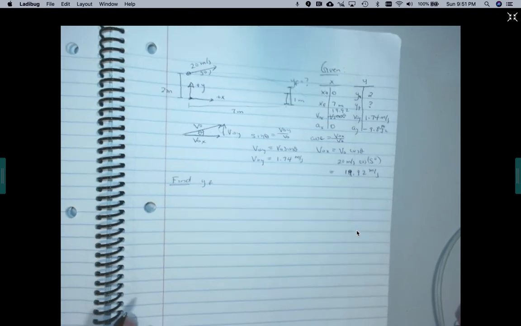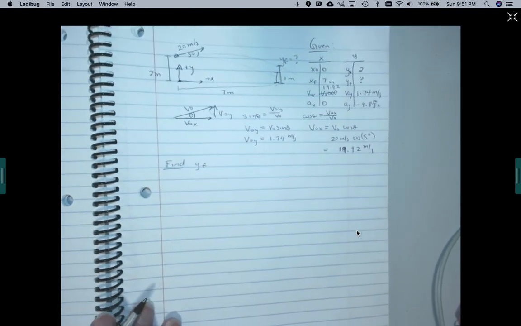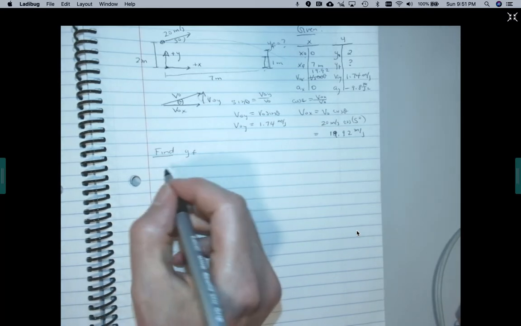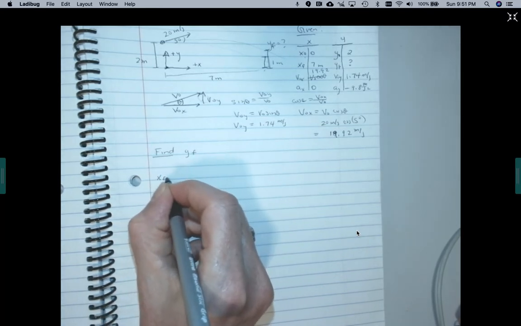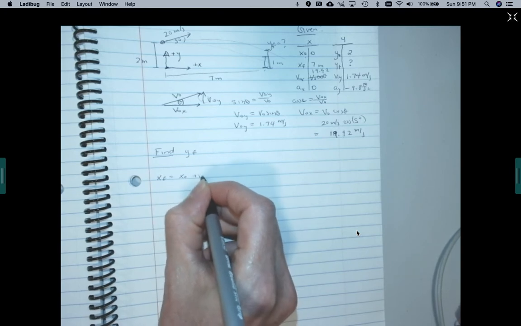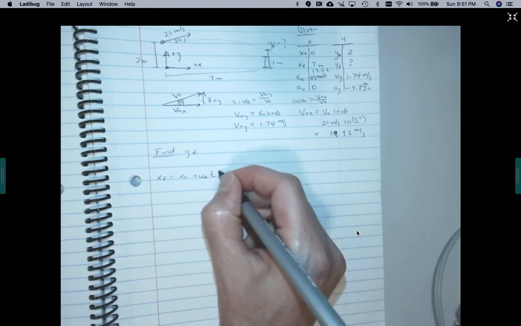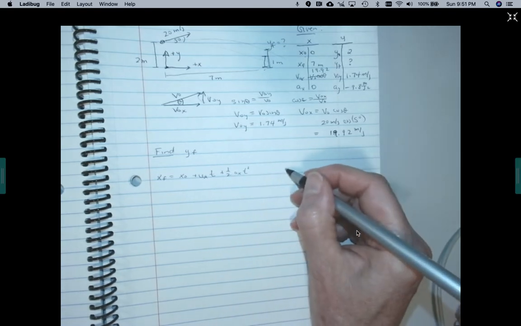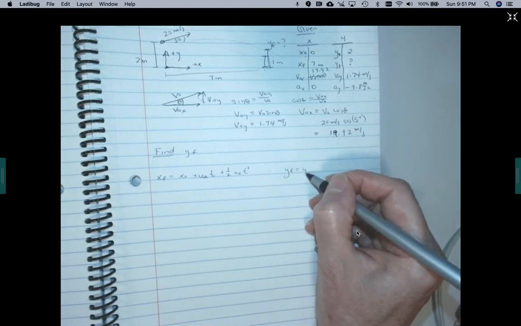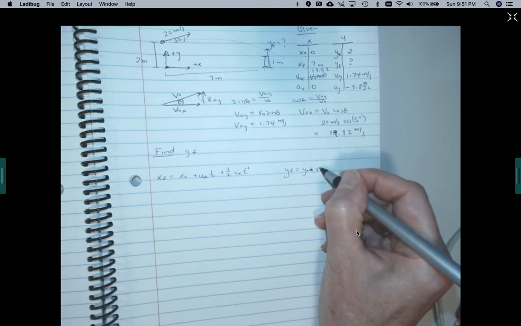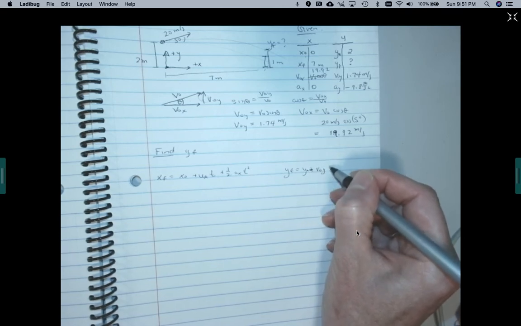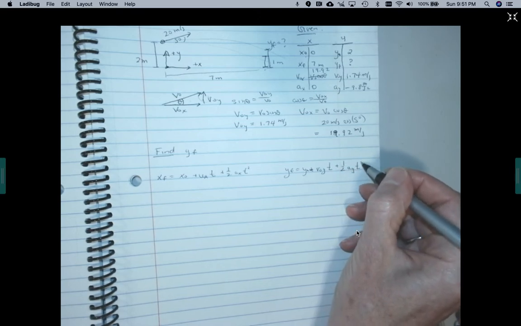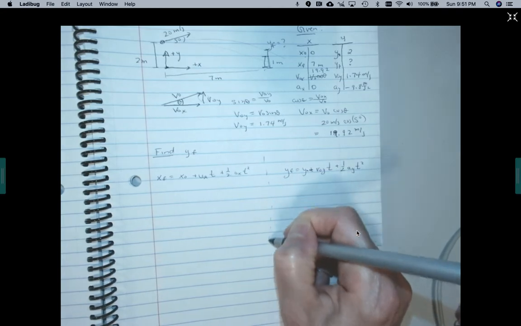If we don't know where to start, we can write down our equations for the x and y directions. So x final is x initial plus v0x t plus 1/2 ax t squared. And y final is y initial plus v0y t plus 1/2 ay t squared. Let's look at our list.